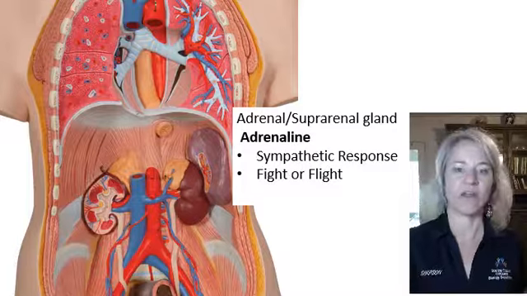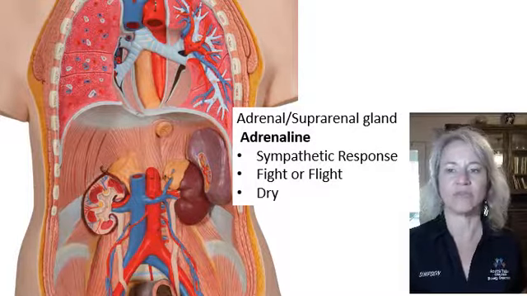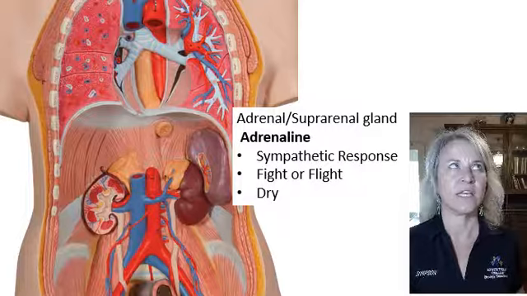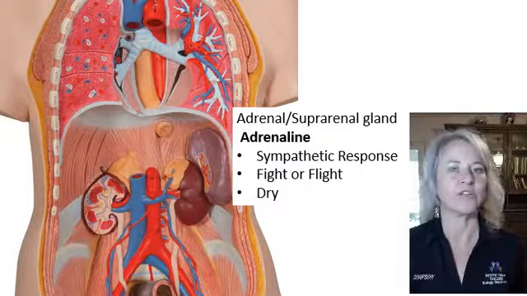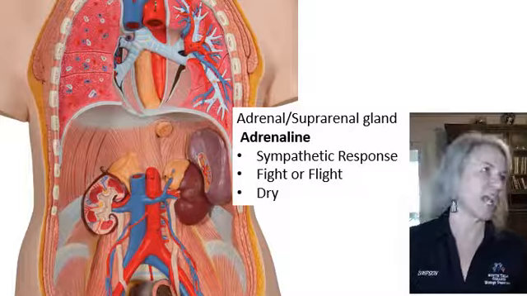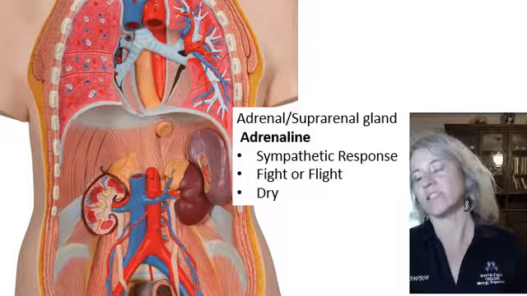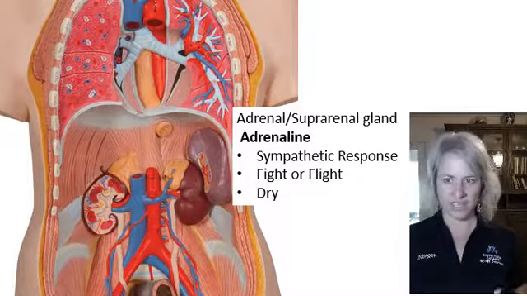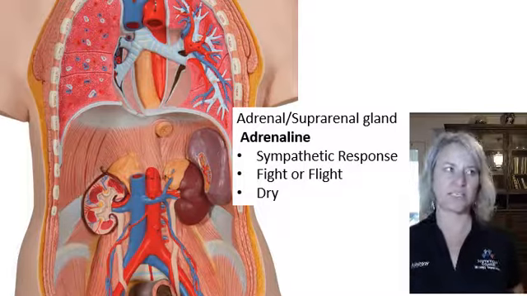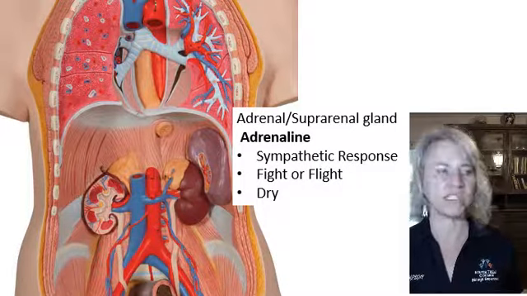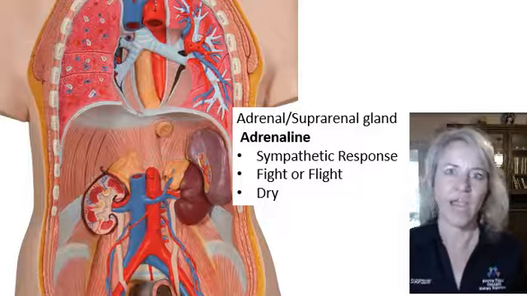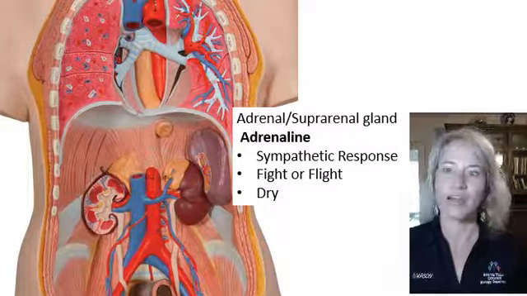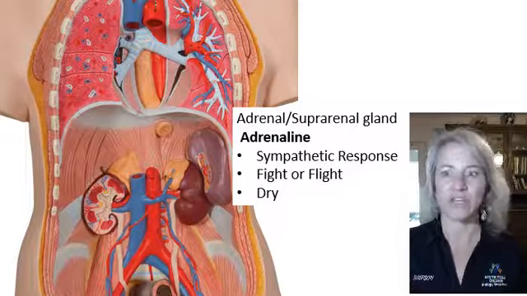And the other thing about adrenaline is it does make you dry, because it inhibits your glands, like your salivary glands and your lacrimal glands and your digestive organs. Digesting that steak you ate is not going to save your life right now. You're fighting a bear, so you either need to run for your life or fight this bear if you're going to survive.